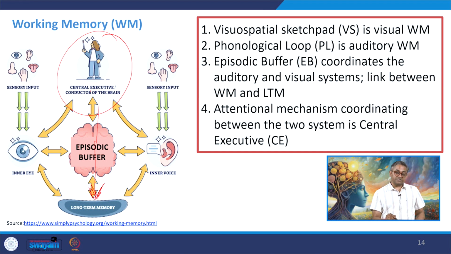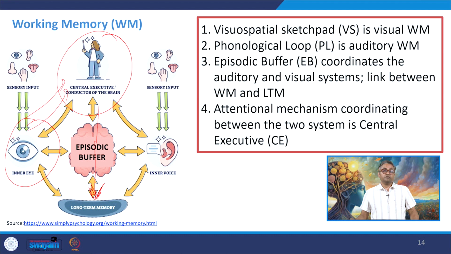The central executive system also receives input from the inner eye, or you could say the visuospatial sketchpad. All types of information related to visual information, contrast, hue, saturation, shape, size, movement of objects, spatial information, everything which has to do with visual processing, is part of the visuospatial sketchpad.